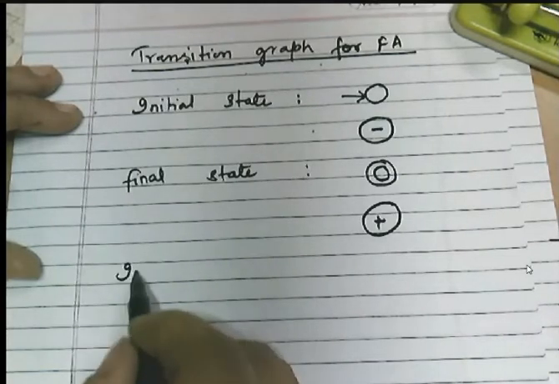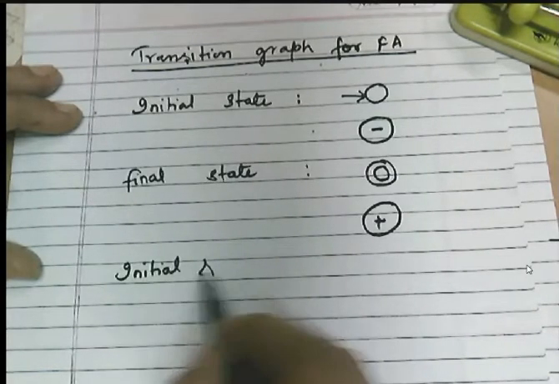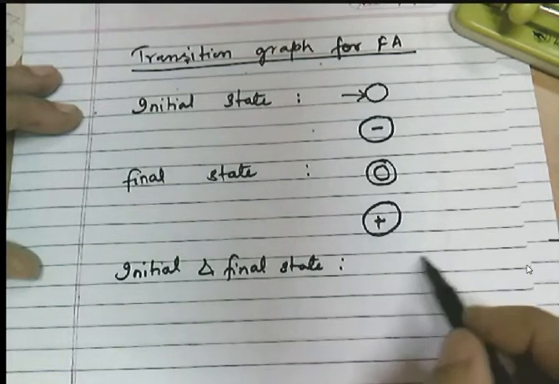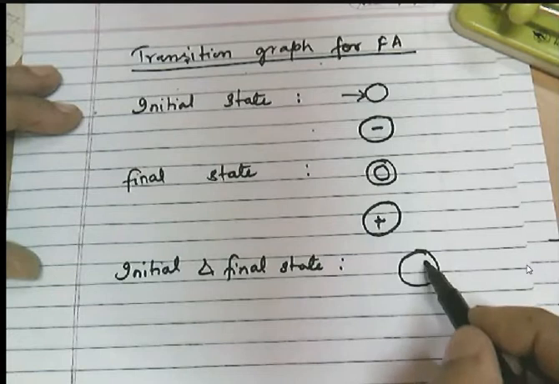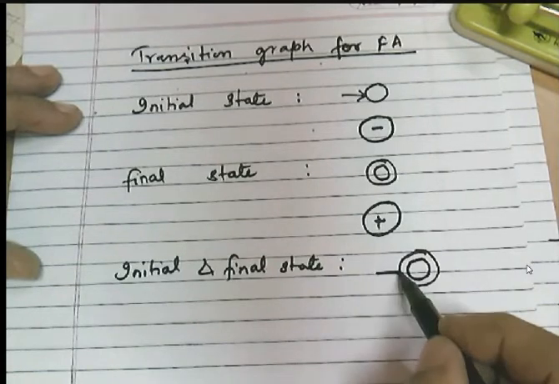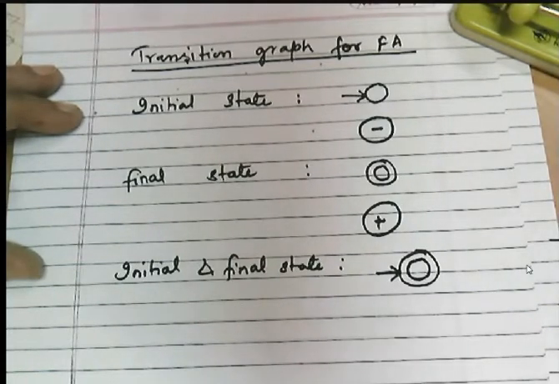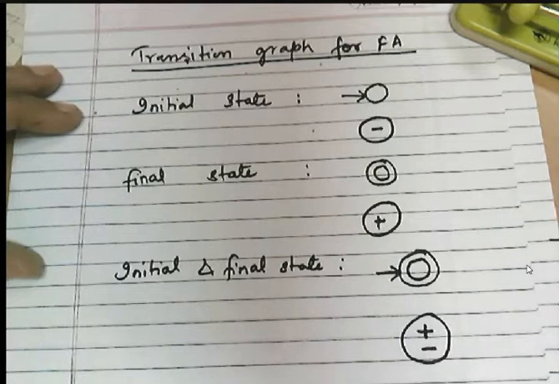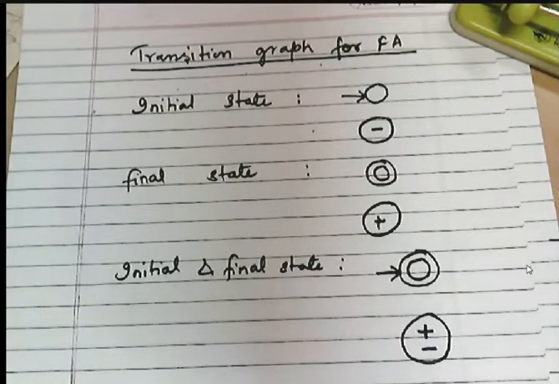If the initial and final states are the same, then it will be denoted by the notation we have seen in the earlier example, and with plus and minus, it will be shown like this: minus plus or plus minus. As soon as you see this type of notation, you should understand the same state is acting as the initial as well as the final state. I hope this is again clear to you.